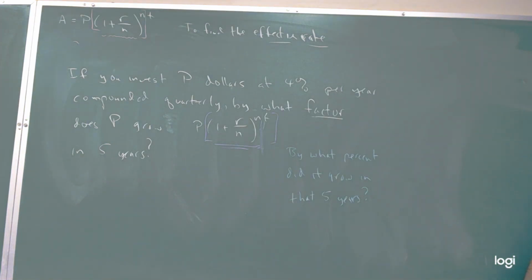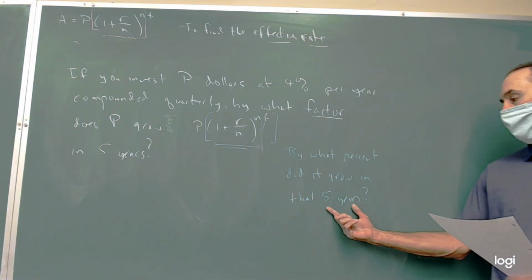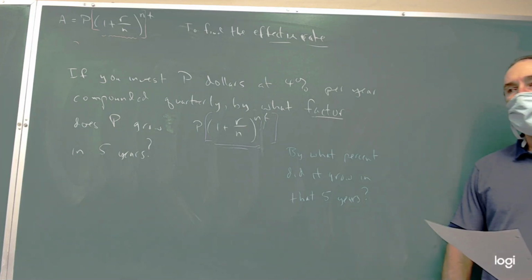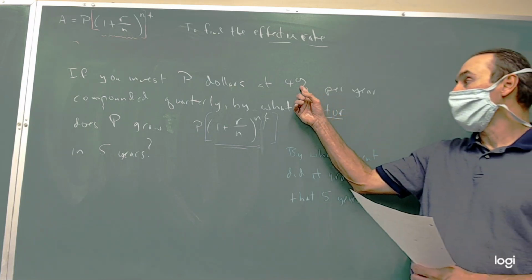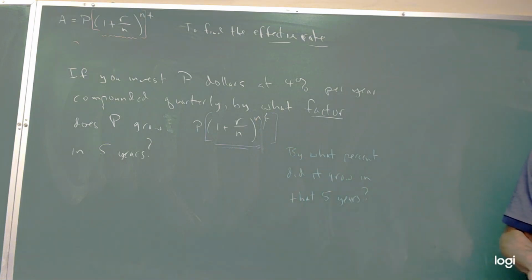That's gonna have that 1 plus R in it. And then after we figure out what that factor is, from looking at that, by what percent did that grow in 5 years? And notice, getting 4% per year for 5 years with compounding, it will not be 20% growth. It's not going to be just 4 times 5%.